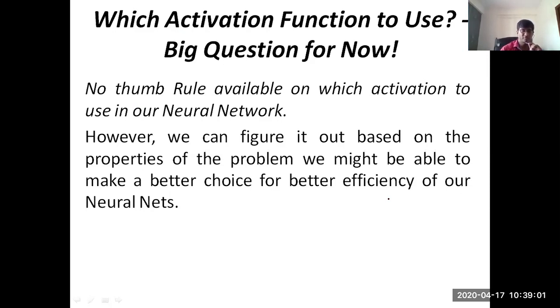We often try sampling these functions on a network, and when we see which functions are doing pretty well on sample data, we can decide which activation function has a better possibility of doing well.